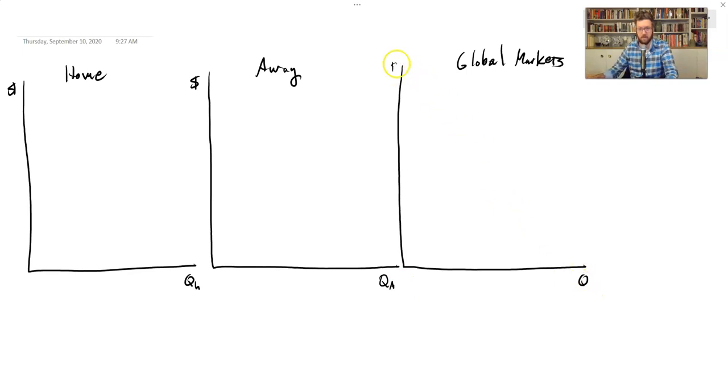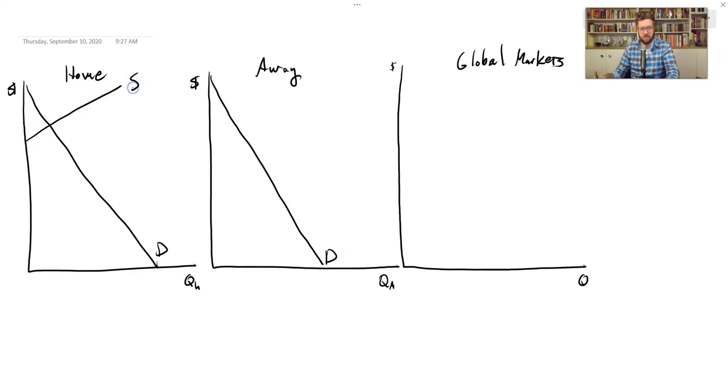And let's assume that the two countries are reasonably similar in size, so they have similar demand. But they have very different supply. Supply in home is very constrained, so this is the supply of the good in home, and in away it is very plentiful.